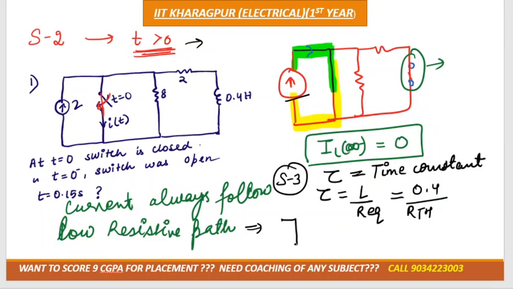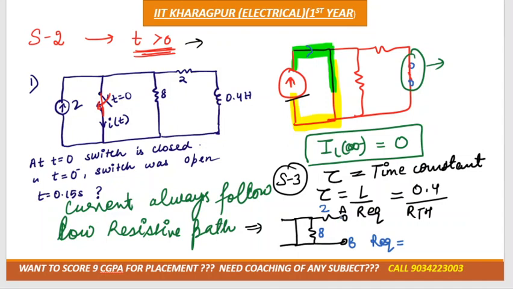I'll redraw the diagram. Right. This is A point and this is B point. This is 2 ohm, 8 ohm and it's a plain wire. First of all, tell me, in this case, what would be the value of R equivalent according to you?